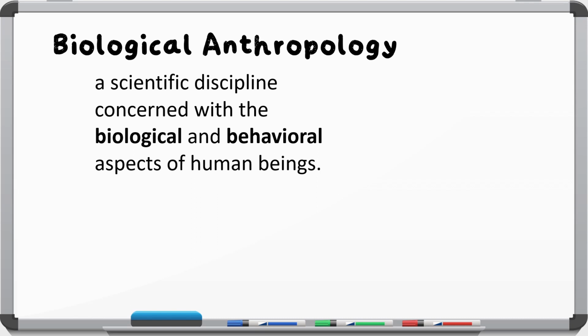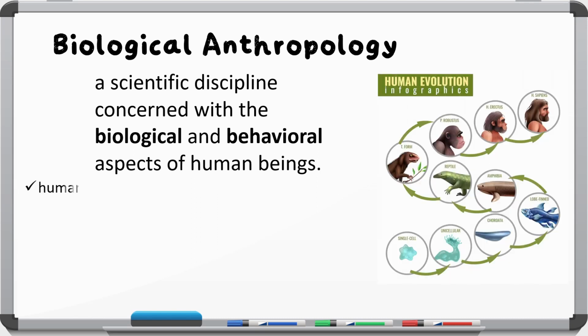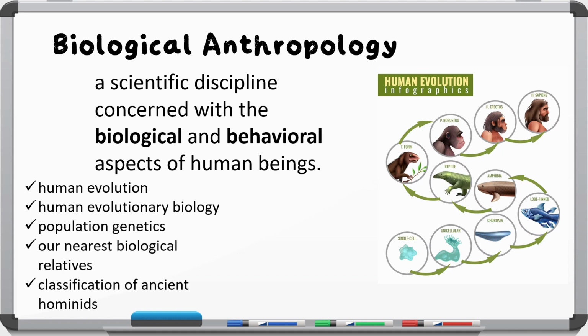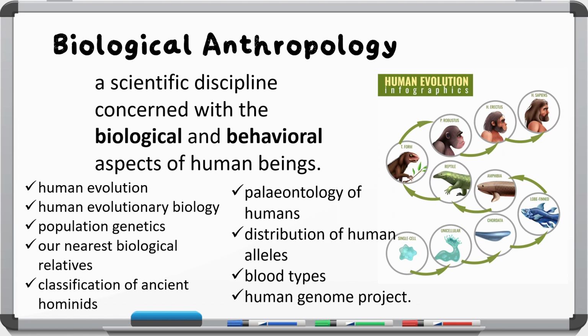It includes the study of human evolution, human evolutionary biology, so how did we come about, population genetics, the genes, our nearest biological relatives like the chimpanzee, classification of ancient hominids, paleontology of humans, distribution of human alleles, blood types, and the Human Genome Project. So the focus is the physical biology of the human being.